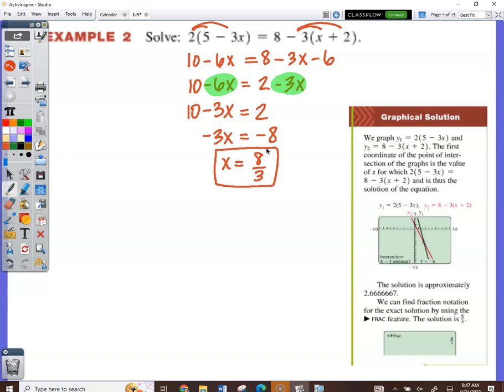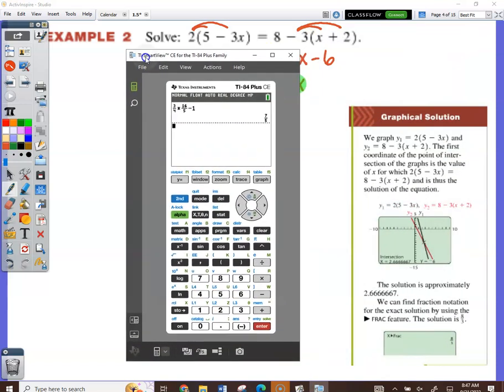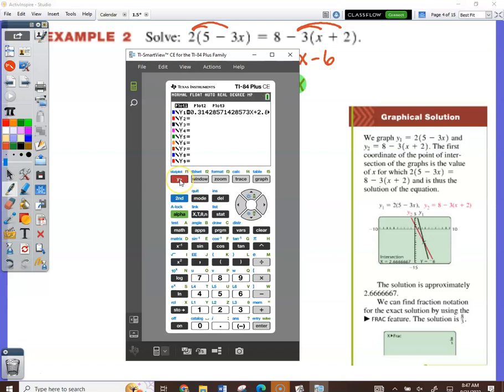Enter calculator. I'm going to show you how to do it, and then I'm going to write the steps, and you can copy it down. Because you have an equation, the left equals the right, right? Yes? Okay. You can go to y equals.